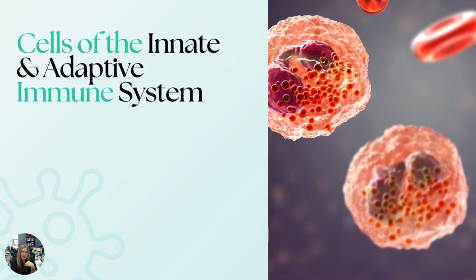But then we're also going to attach the immune function to that morphology. So if you've taken hematology, you're ahead of the curve in being able to identify these cells and their function. If you're currently taking immunology or hematology with immunology, then hopefully this helps make it stick a little bit more.